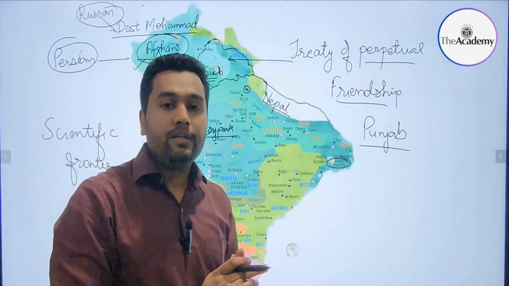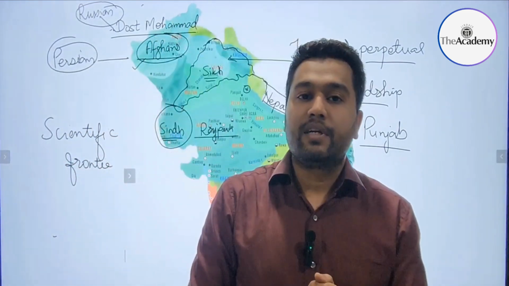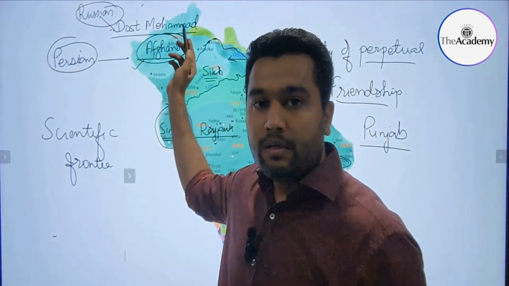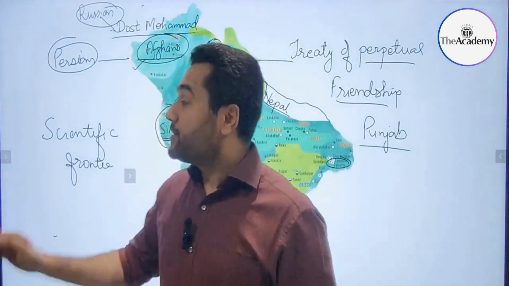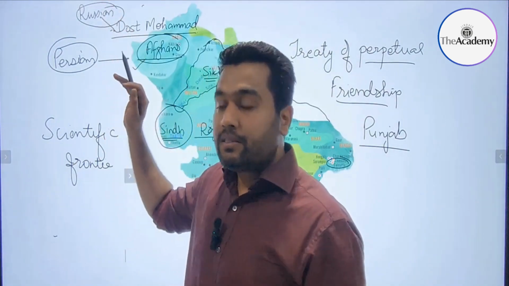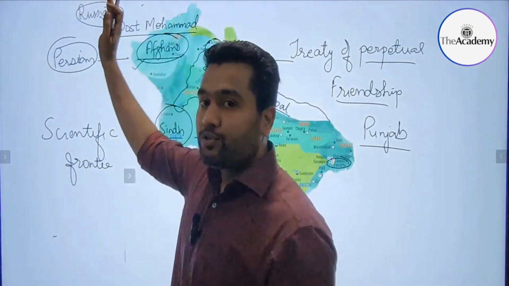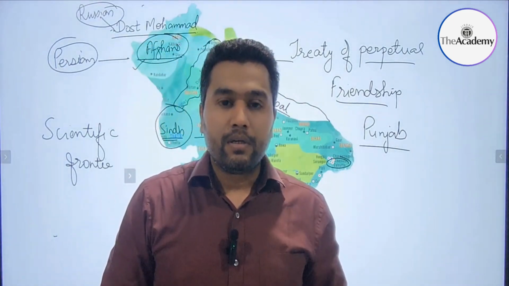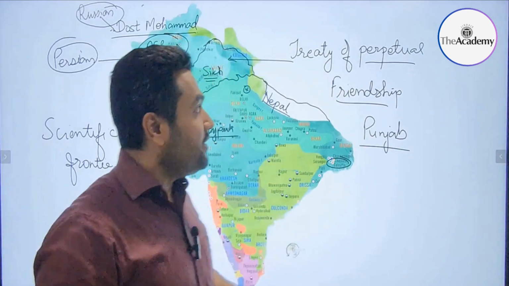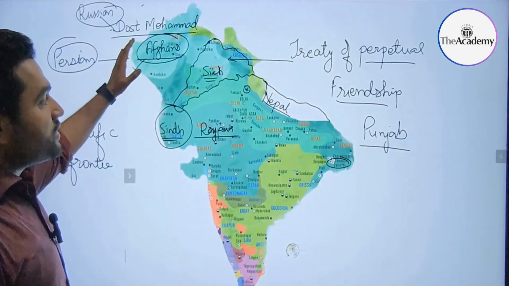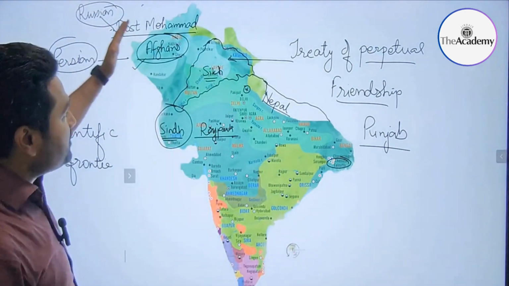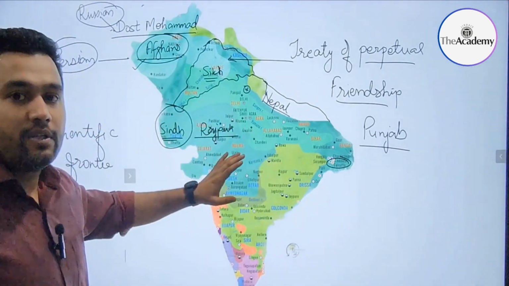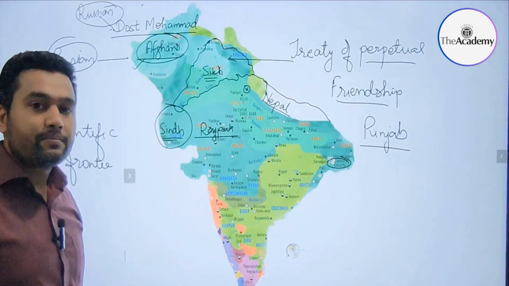In 1836, when Lord Auckland became the Governor General, we see Dost Muhammad, who had usurped the throne in Afghanistan, started showing some form of allegiance towards the Russians, and this alarmed the British. The British realized that if Dost Muhammad was not contained, the Russians might threaten the English possessions in India.